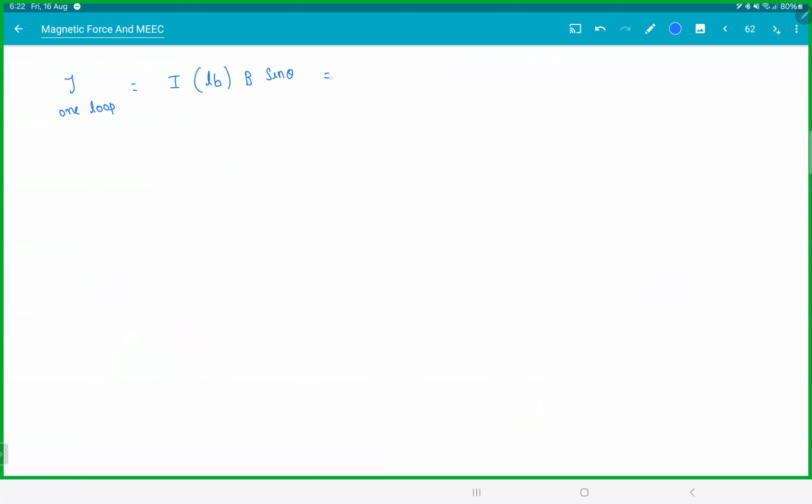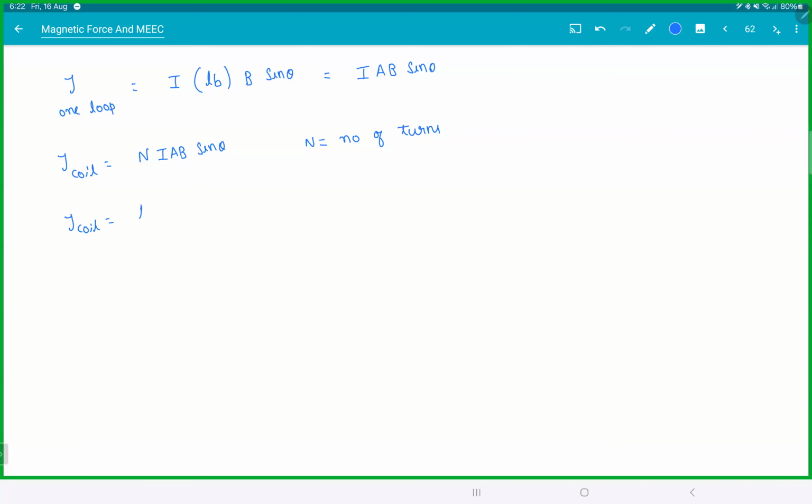So that is nothing but area of the loop. Now torque on the coil would be N into IAB sine theta. N is the number of coils or number of turns basically. So if there are 100 turns, the whole thing will get multiplied into 100.